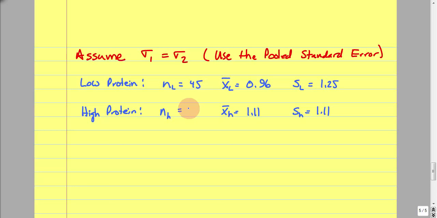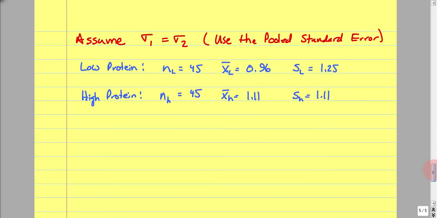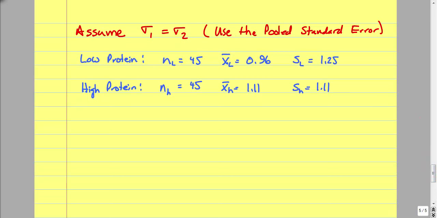Now, the sample size for this group is the same. It's 45. Now we want to go ahead and test the claim, and we'll talk about the claim here in a little bit, at the 5% level of significance.